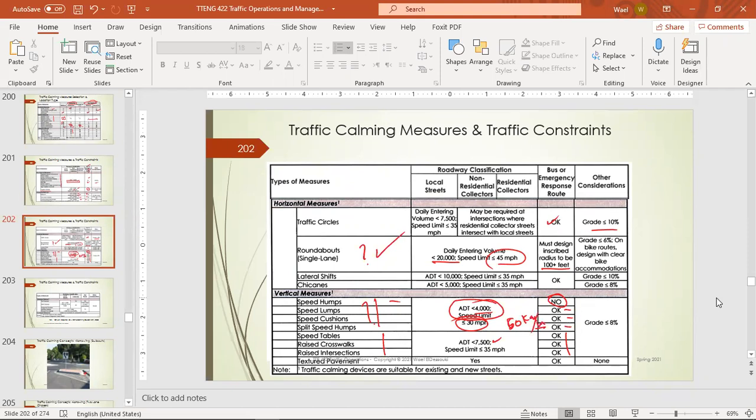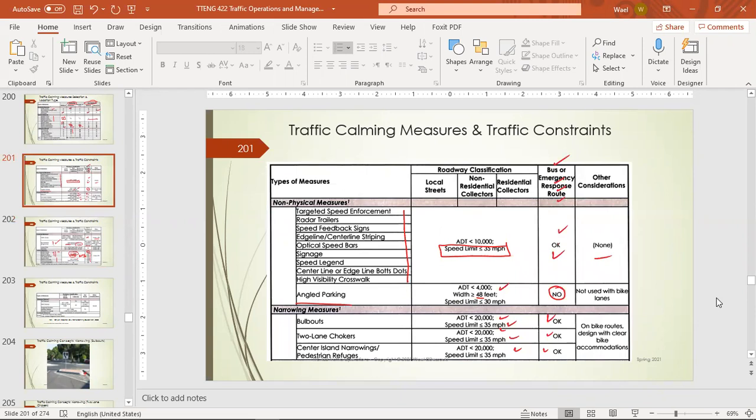But doctor, do we have enough space for the roundabout? That's an excellent question. That's the problem. Do we have enough space for a roundabout or not? We might have, and we might not. If we don't have sufficient space for a roundabout, then we might go to targeted speed enforcement.